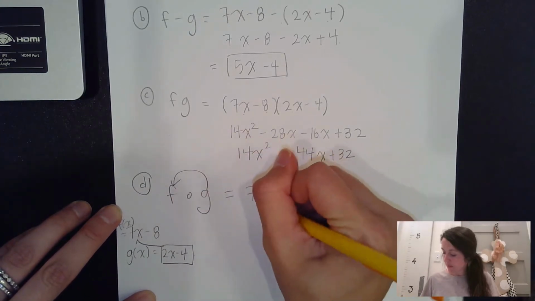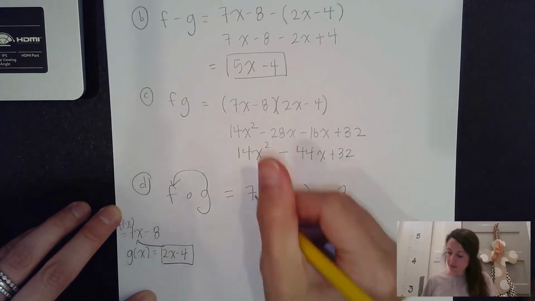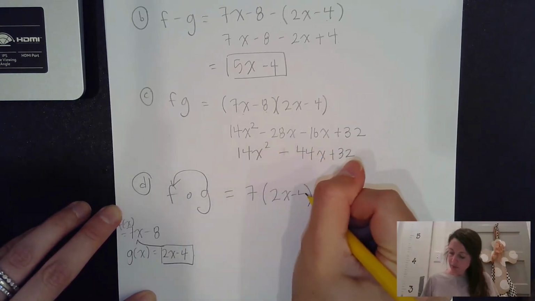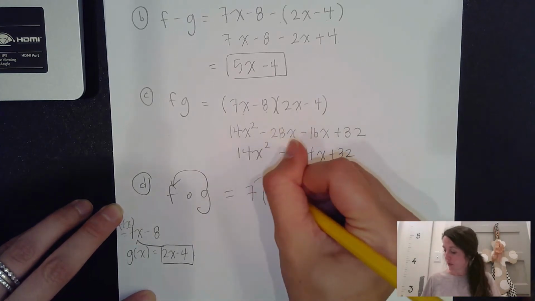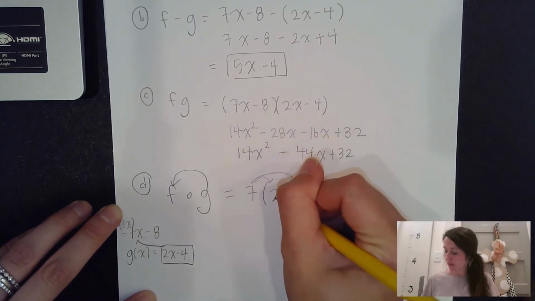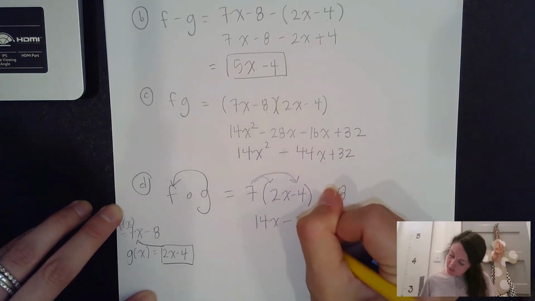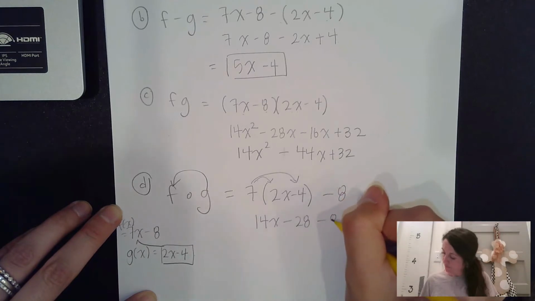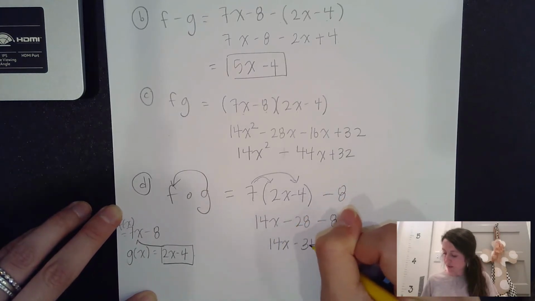This means I'm going to have 7 times x minus 8, but instead of having an x, I'm going to have 2x minus 4. So then I'll distribute this here. 7 times 2 is 14x. 7 times negative 4 is negative 28. So I'll have 14x minus 36.